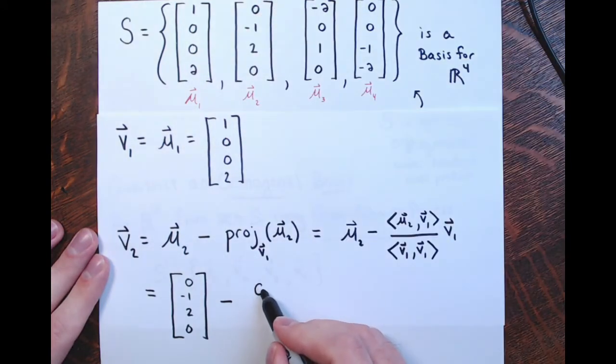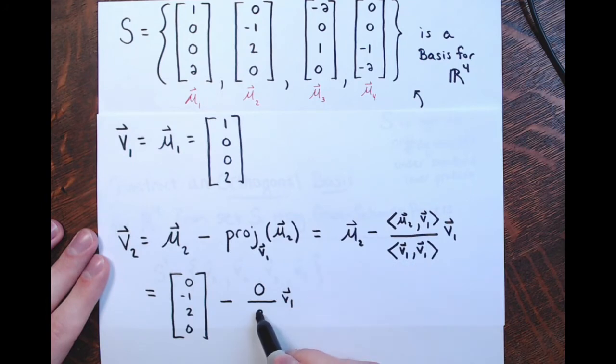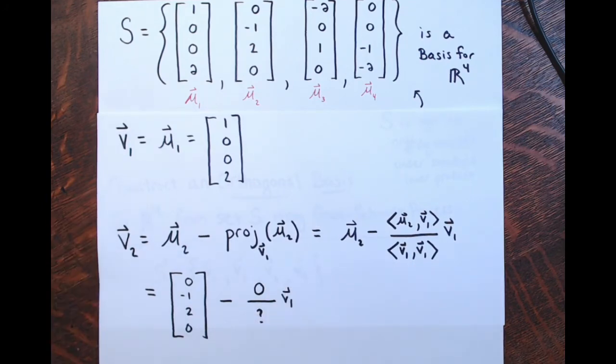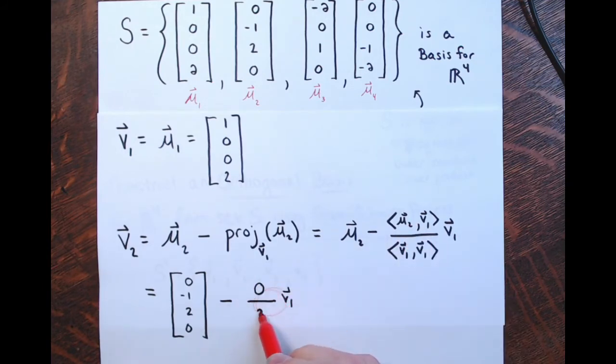It doesn't matter what the other stuff is. For the denominator, remember the inner product of a vector with itself, as long as it's not the 0 vector, is not going to be 0, so I don't have to worry about dividing by 0 here. So this second term is gone, because that numerator is 0 in that scalar. So V2 ends up being U2.